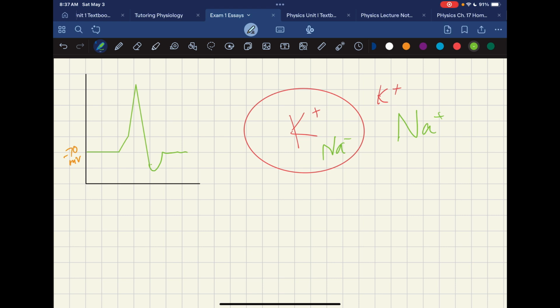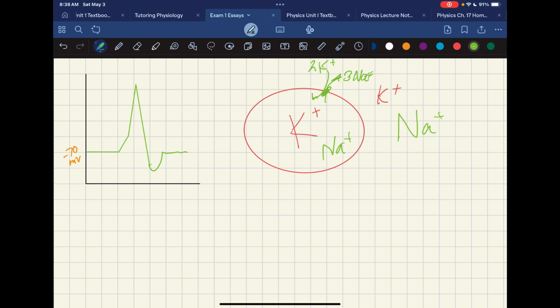So what that means is this forms concentration gradients with the pumps that we talked about before, transporting 3 Na plus out and taking 2 potassiums into the cell. So this contributes to the negative charge, as we're losing 3 positive, 2 are entering. This causes a negative charge and forms a concentration gradient.